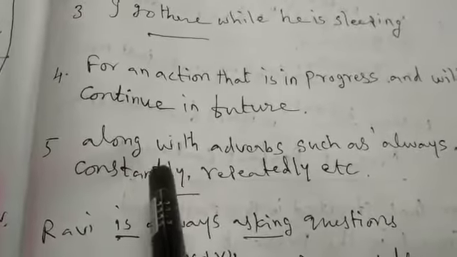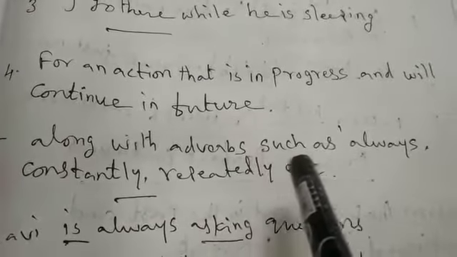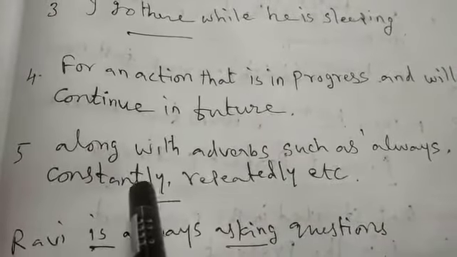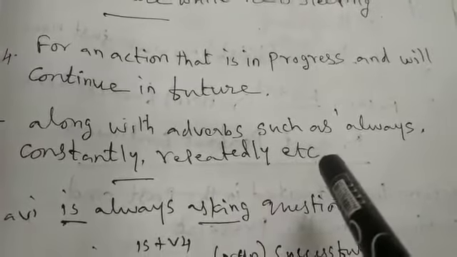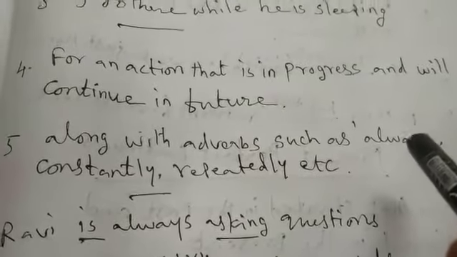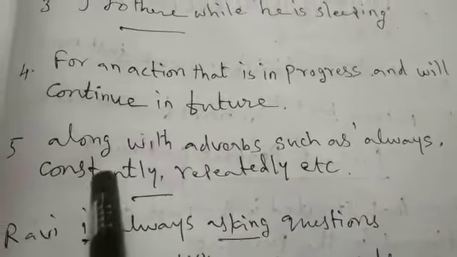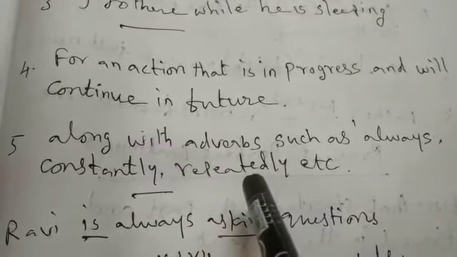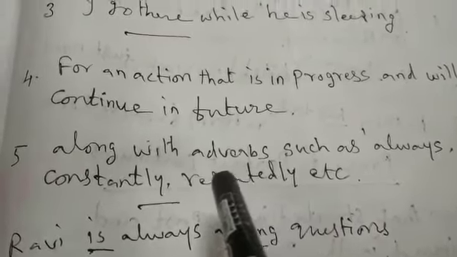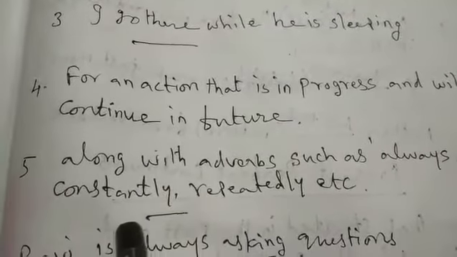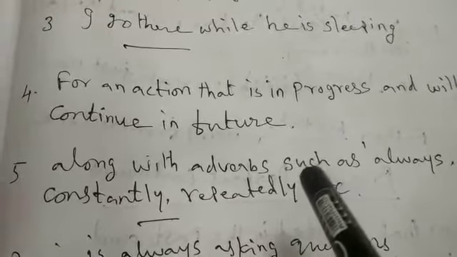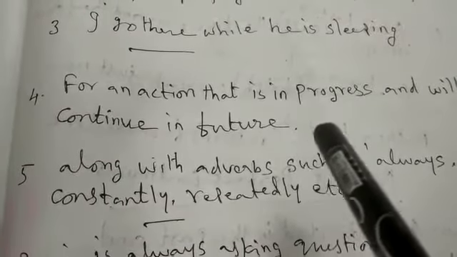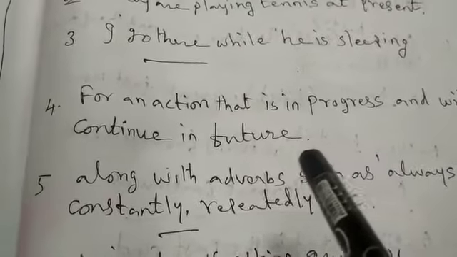Fifth one, along with adverbs such as always, constantly, repeatedly, etc. These words always, constantly, repeatedly are considered adverbs. Along with adverbs, we have to use present continuous tense. Okay?